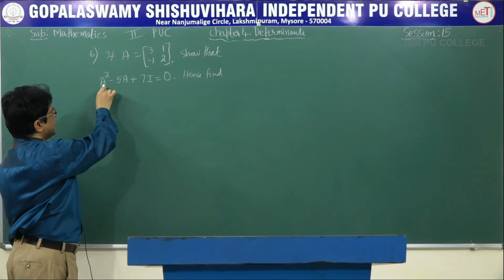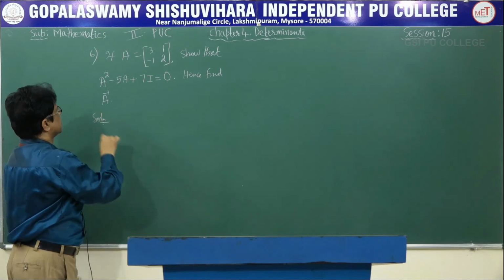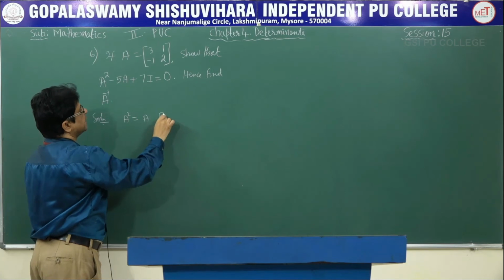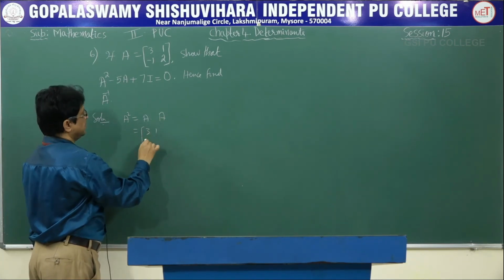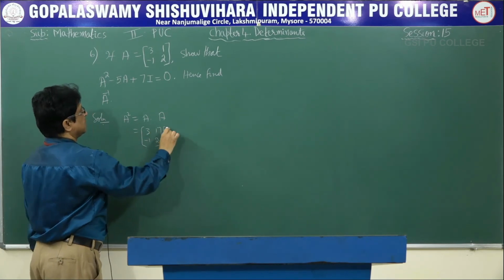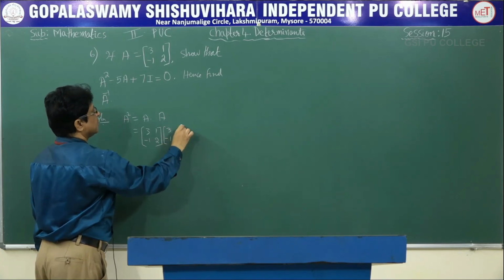First we should find A square. Solution. A square will be equal to A into A. So 3, 1, minus 1, 2 into 3, 1, minus 1, 2.